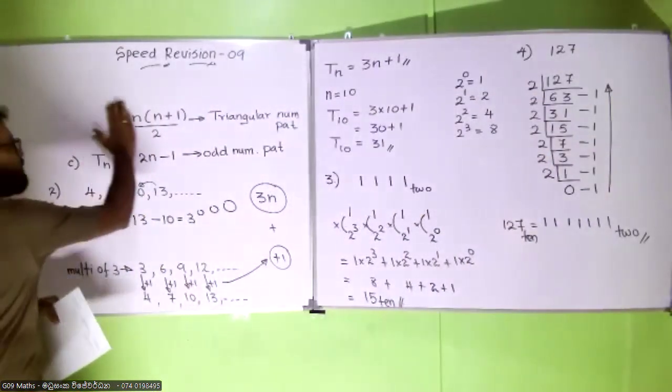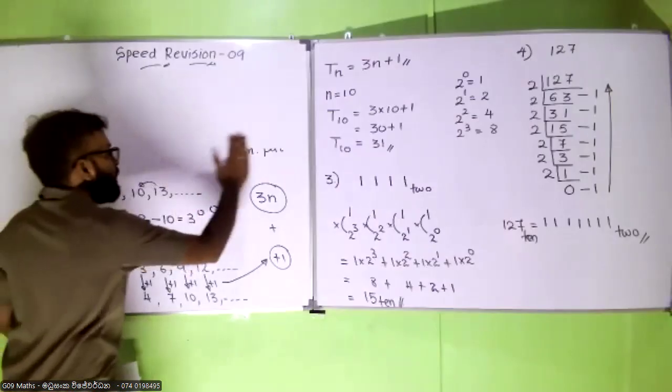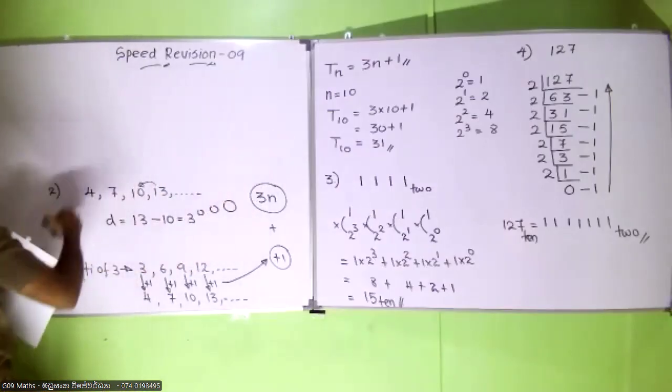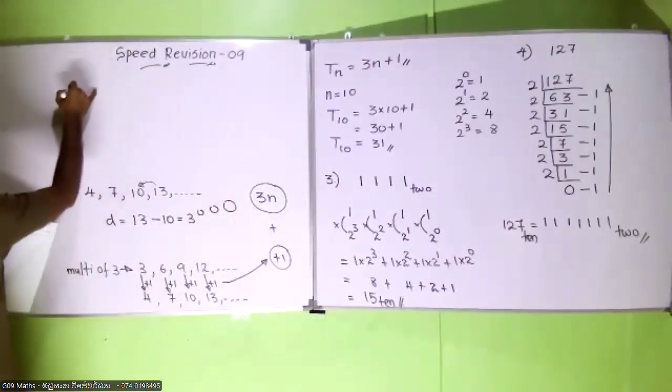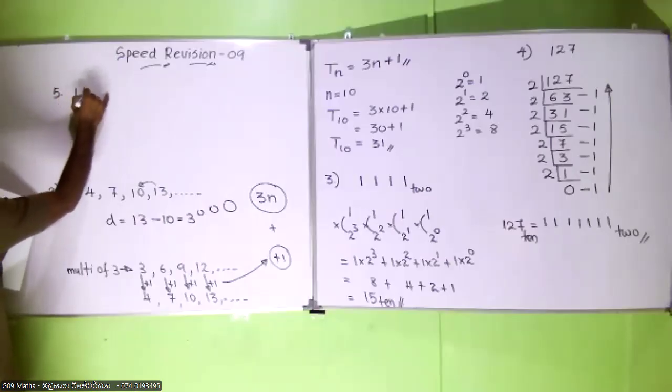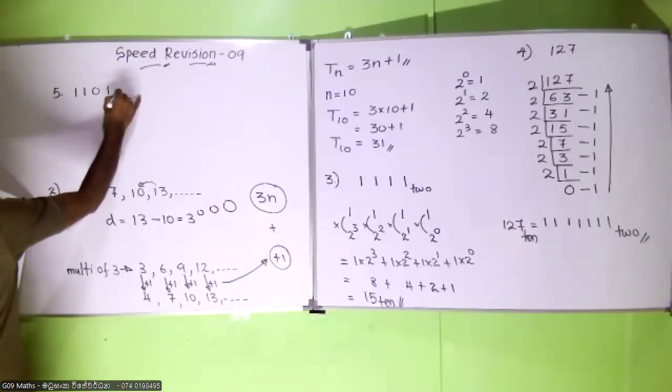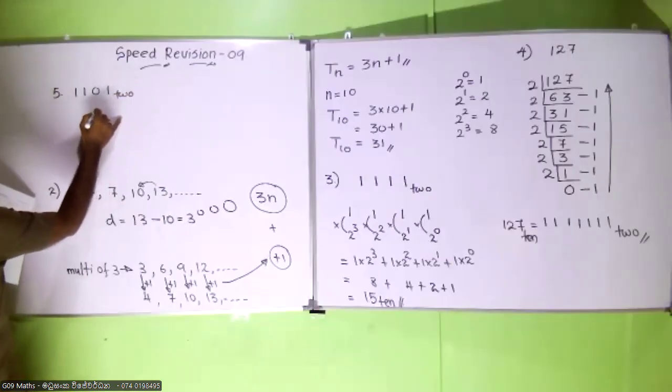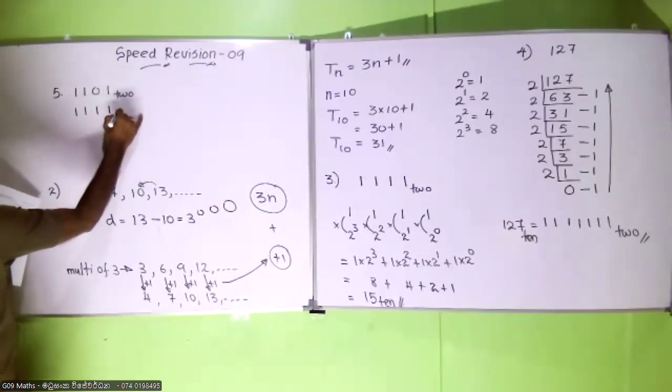Then we have to add 2 numbers. That one is very easy. Then you have to subtract. So the fifth one, 1, 1, 0, 1 base 2. Then you have to add 1, 1, 1, 1 base 2.